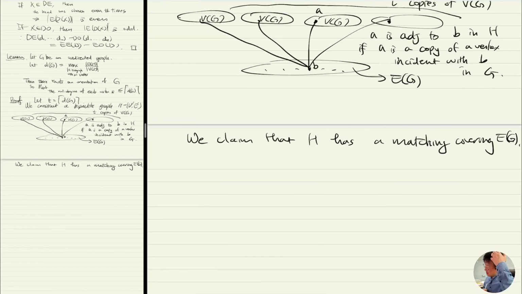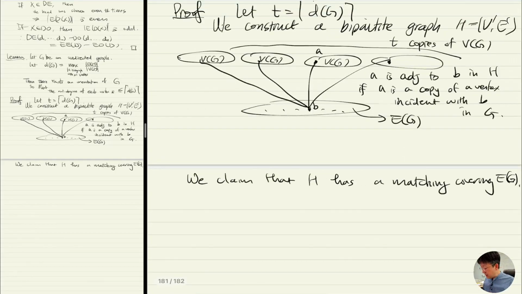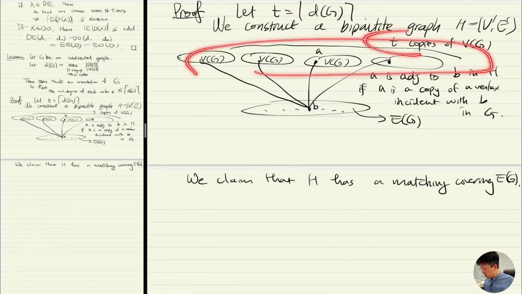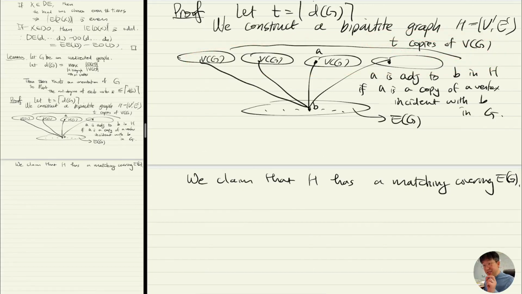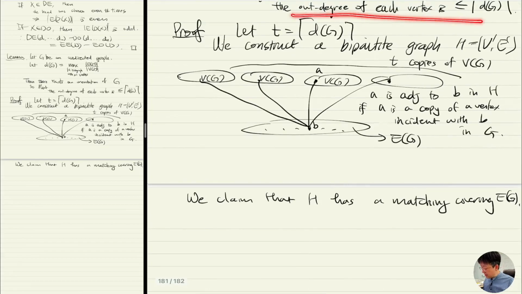Now, if a vertex is chosen in the matching, then it becomes a tail of some edge. How many times does each vertex become a tail of some edge? Because we made t copies, each vertex can become the tail of at most t edges. That's why the out degree will be at most t.